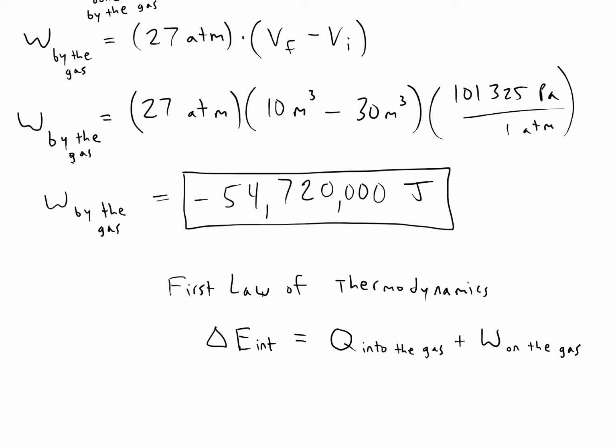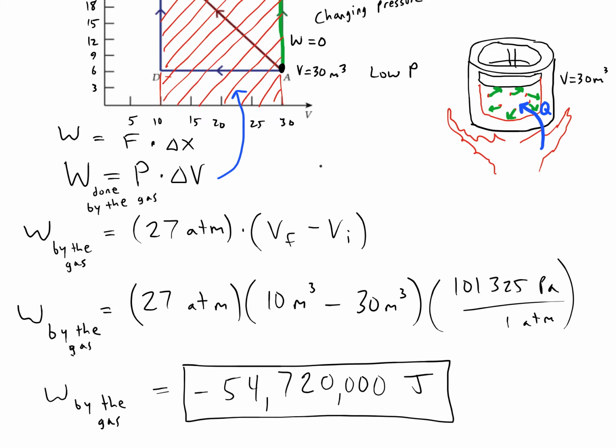So what they're saying is if work gets done on the gas, it is possible for the internal energy of the gas to increase. But it could also be possible for heat to flow out of the gas instead.